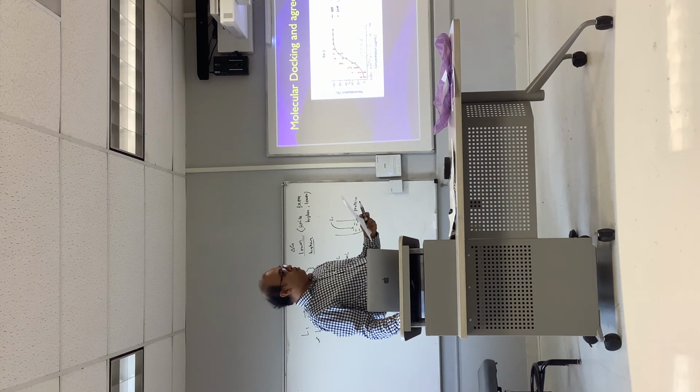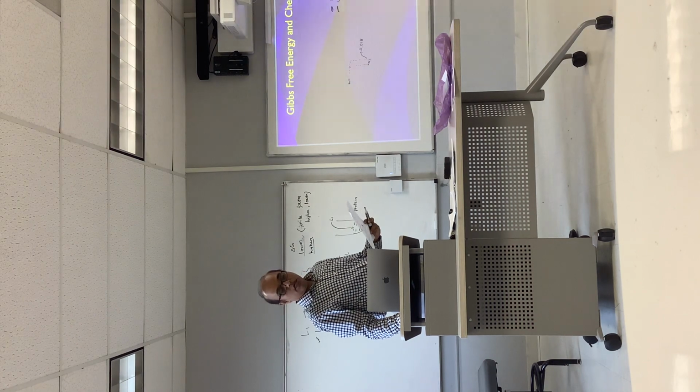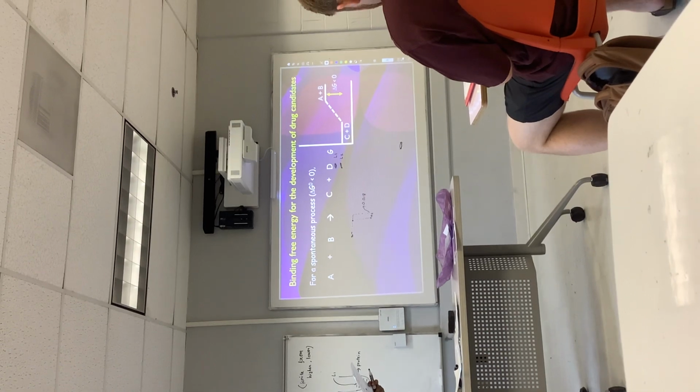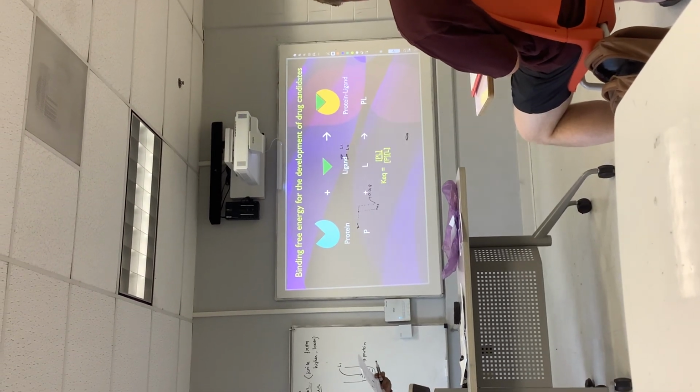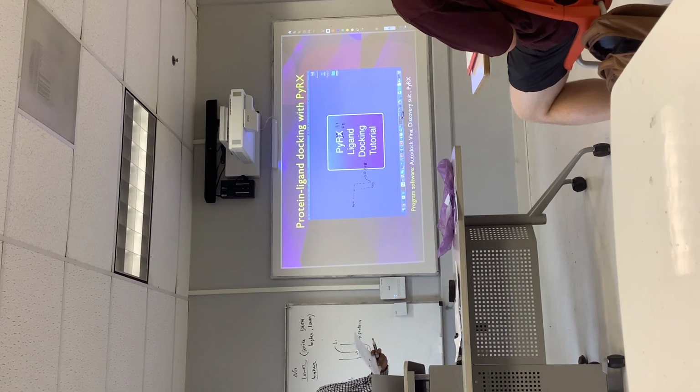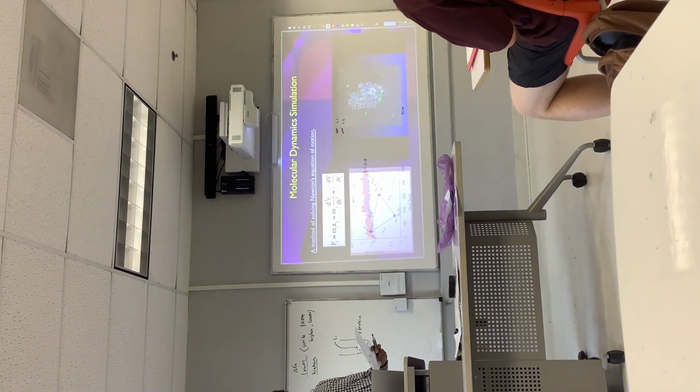Number 4. There is a computational method that we normally use to calculate the binding free energy, because experimentally we cannot calculate binding free energy, but computationally you can. So how do we do that?